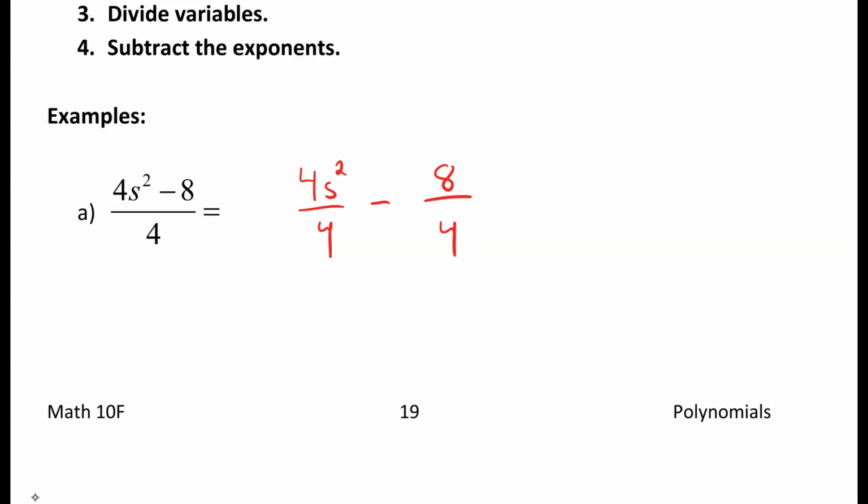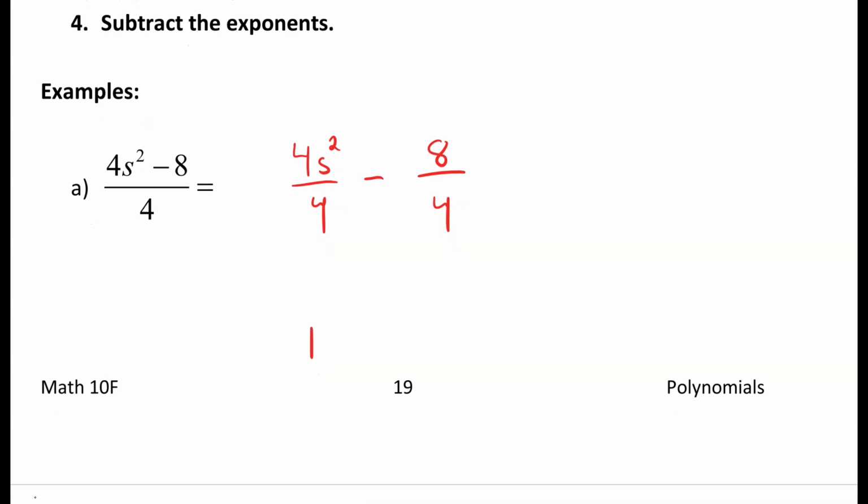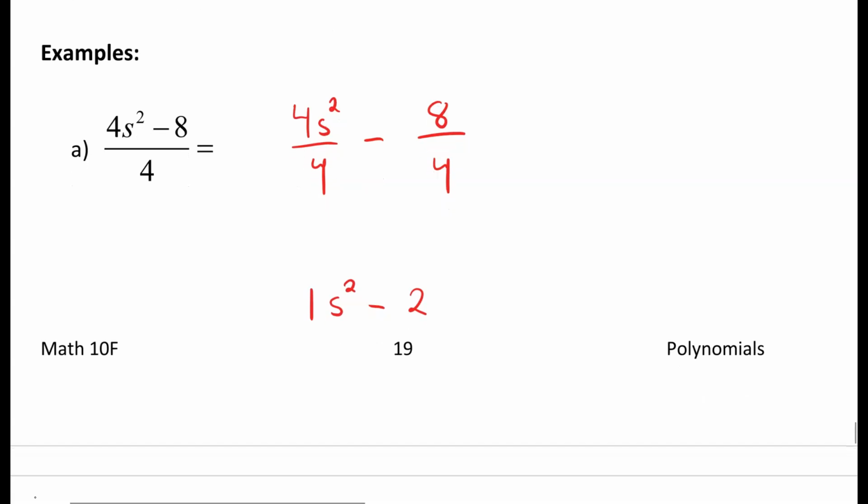Now what we would do is 4 divided by 4 is 1, and s squared on the top, there's no s on the bottom, so that goes unaffected. So you just write down s squared. Next we have subtract 8 divided by 4, which gets us 2. We have a 1s squared. If you wanted, you don't need to include that 1 in front of it.